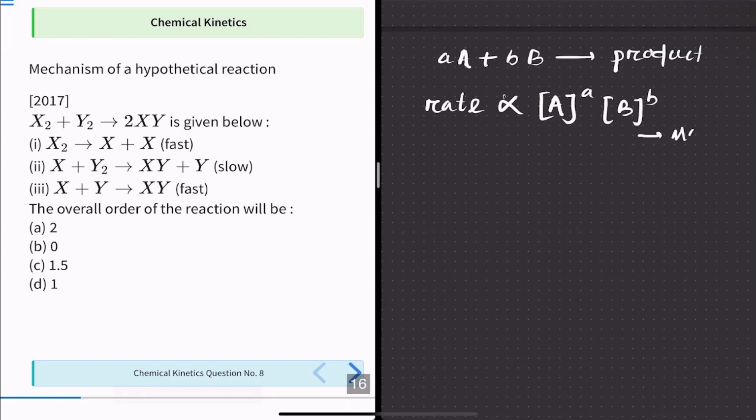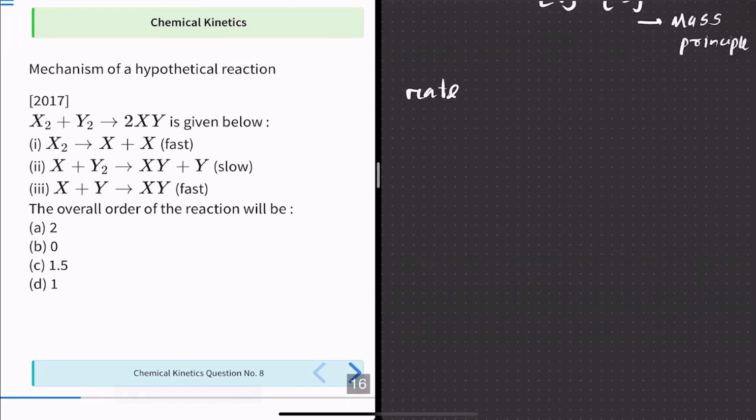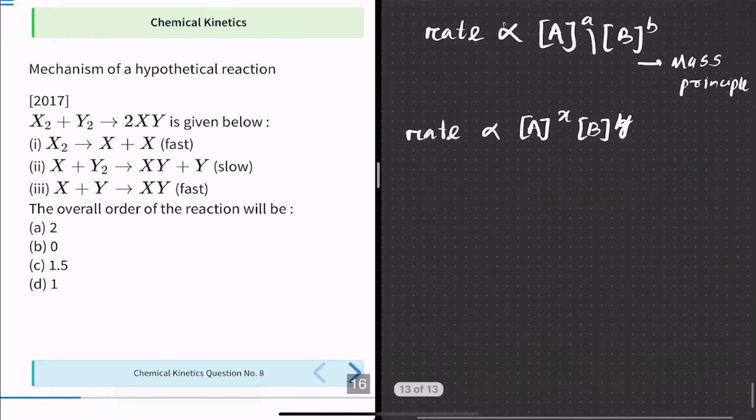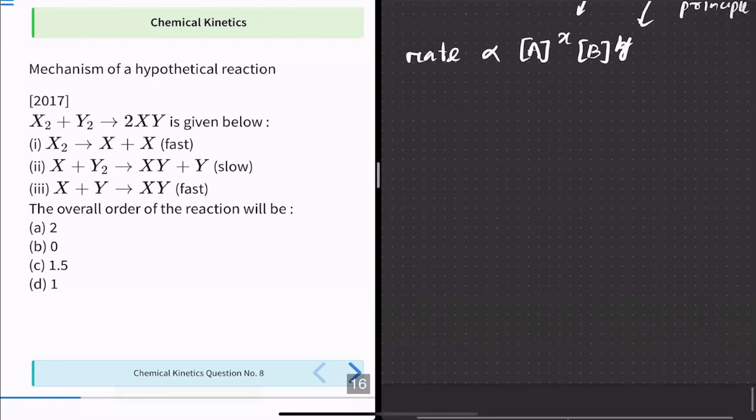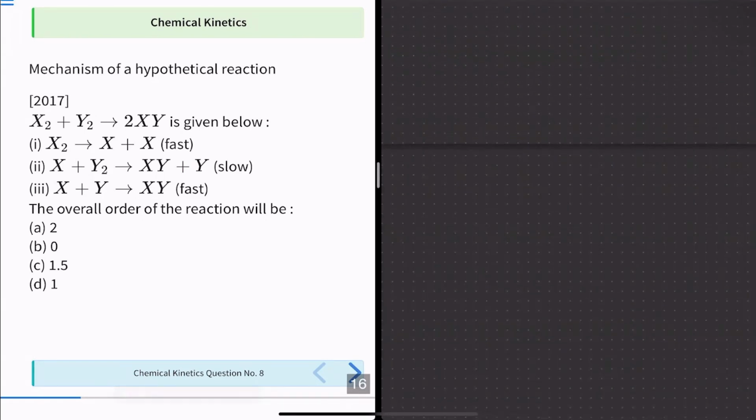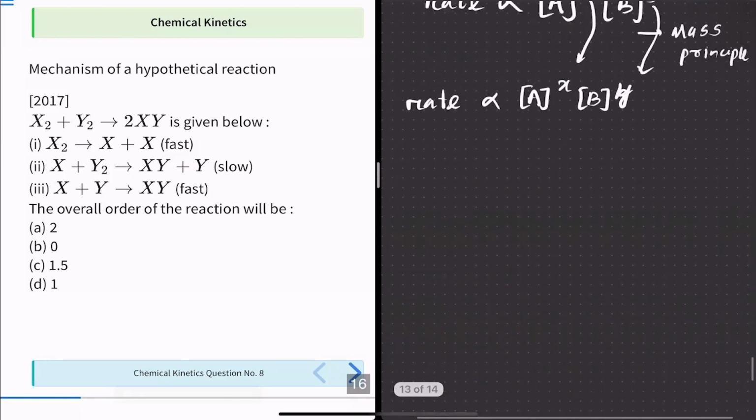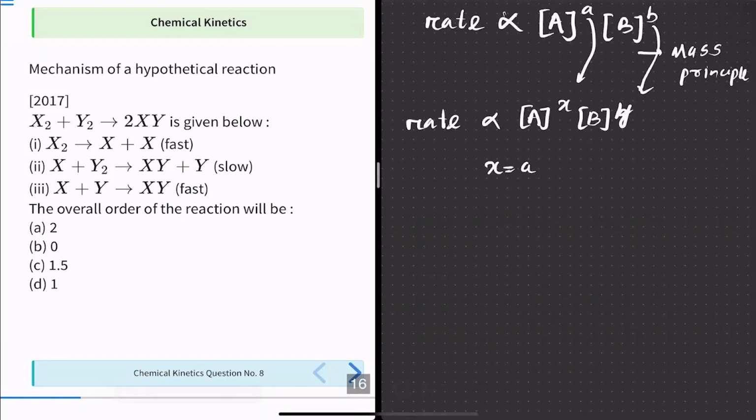It is based on the mass action principle. But according to the rate law, it would be A to the power x, B to the power y. And these a and x, and b and y may sometimes be equal or may be different. Why? Because of the complexity of the reaction. If it is an elementary reaction, it would be x equal to a and y equal to b. If it is a complex reaction, it won't be the same.